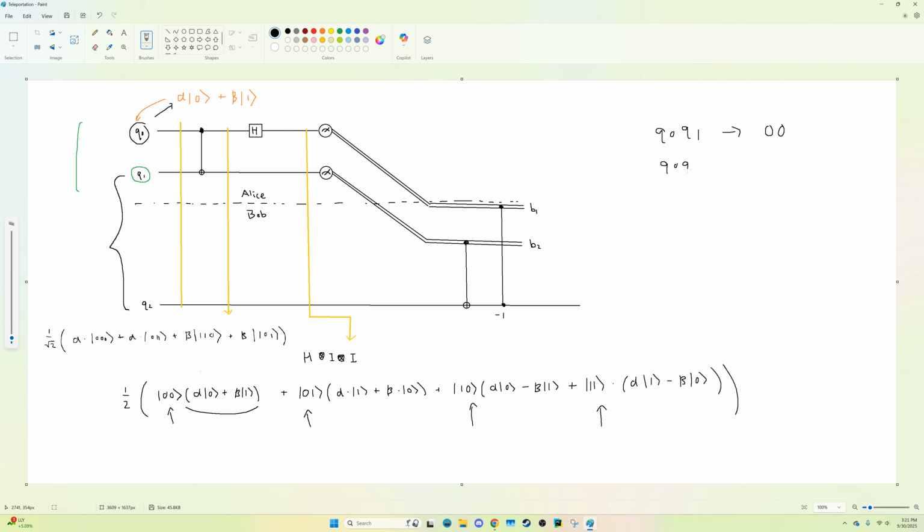Now let's look at Q0, Q1 equal to 0, 1. If Q0, Q1 is equal to 0, 1, then we know the third qubit is alpha times ket 1 plus beta times ket 0. Well, now this is different from Q0, and we want alpha times ket 1 plus beta times ket 0 to be equal to alpha times ket 0 plus beta times ket 1, because that is the original state.